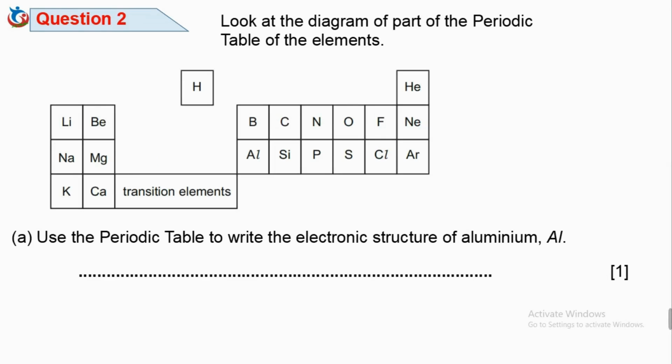Question 2. Look at the diagram showing part of the periodic table of elements. A. Use this periodic table to write the electronic structure of aluminium. When you have a periodic table question, the first thing to do is to number the elements according to the atomic number. From the numbering, aluminium is number 13.